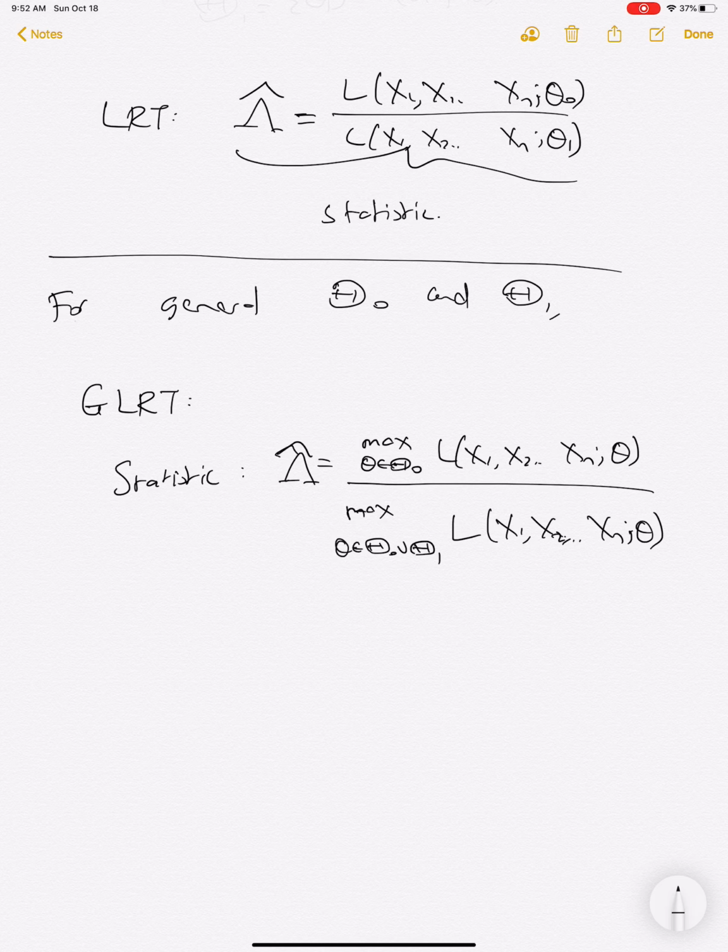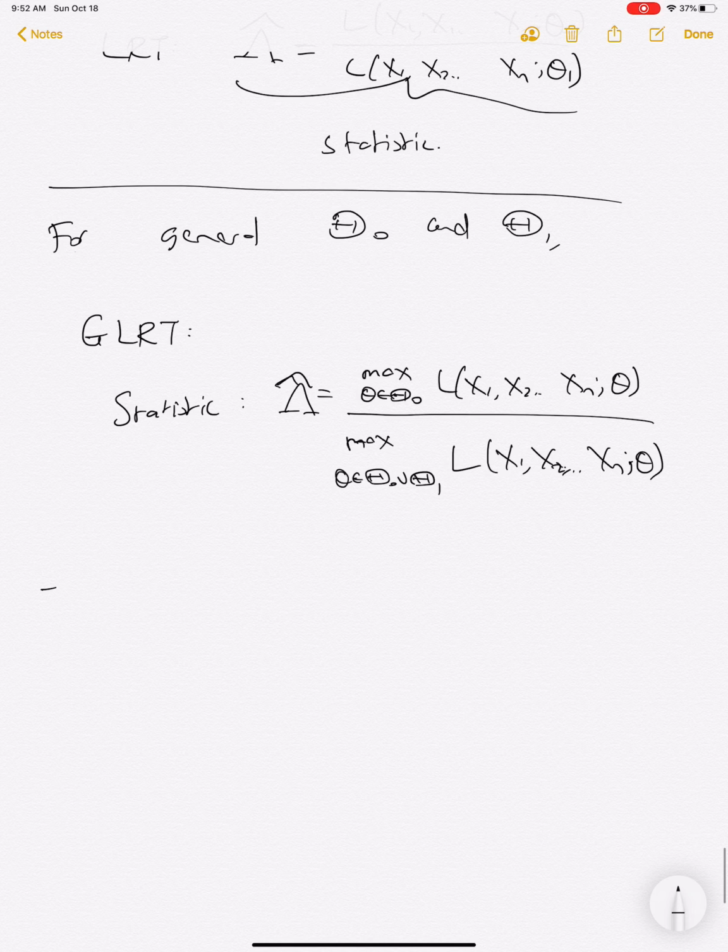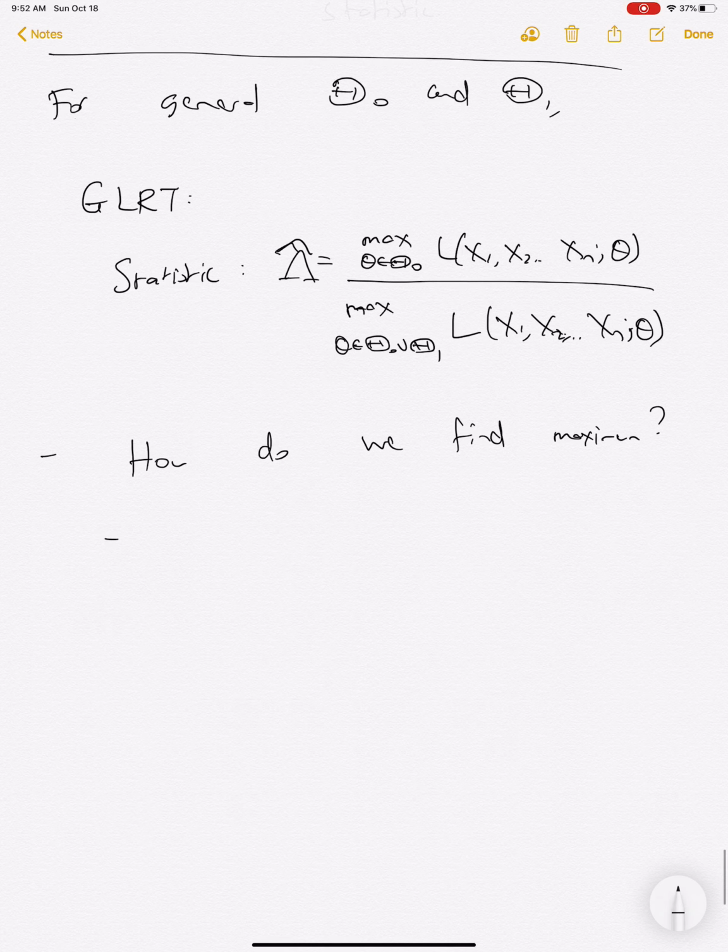So how do we find the maximum? And so this is where we're going to use the maximum likelihood estimate. Again, the calculations of what we did in chapter 8 are going to be extremely useful here. Use ML estimate.